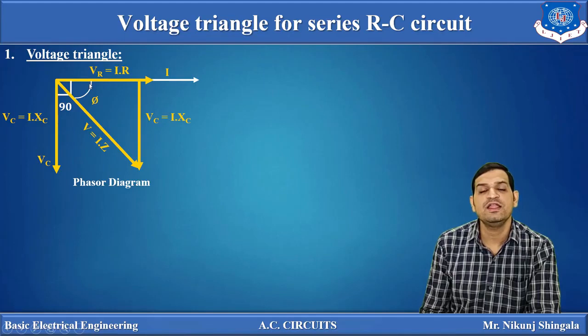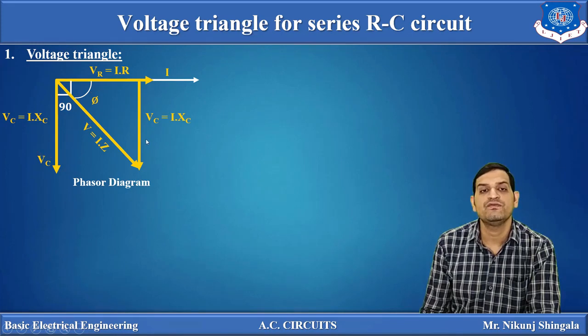As it is a series circuit, current will be taken as reference, and VR is the voltage drop across the resistor, which is in phase with the current, and VC is the voltage drop across the capacitor, which lags behind the current, because for a capacitive circuit current leads the voltage. So here, as it is a purely capacitive circuit, current leads the voltage VC by an angle of 90 degrees.